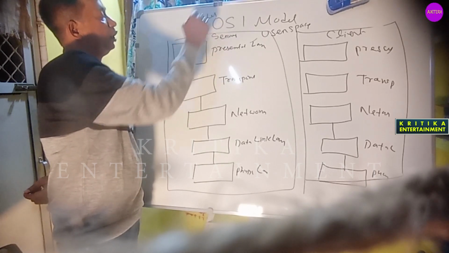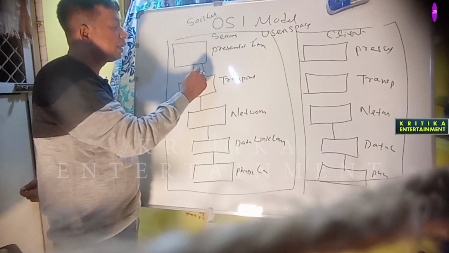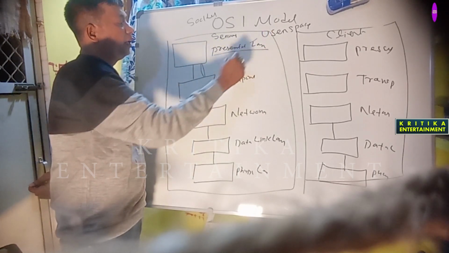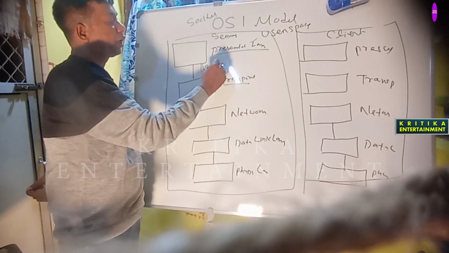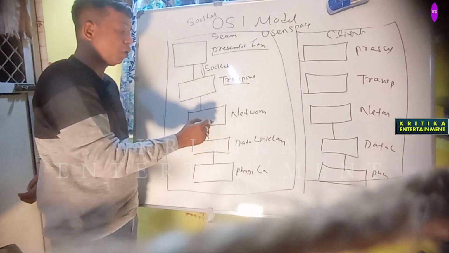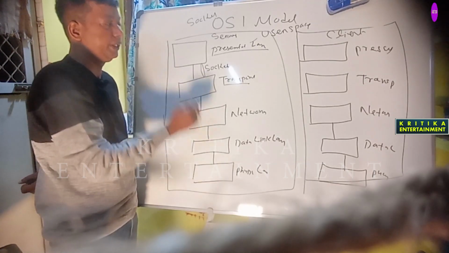Socket is the intermediate communication between your presentation layer and transport layer. Here you declare the socket, then it automatically calls the transport layer. The transport layer calls the network layer, the network layer calls the data link layer, and the data link layer calls the physical layer.